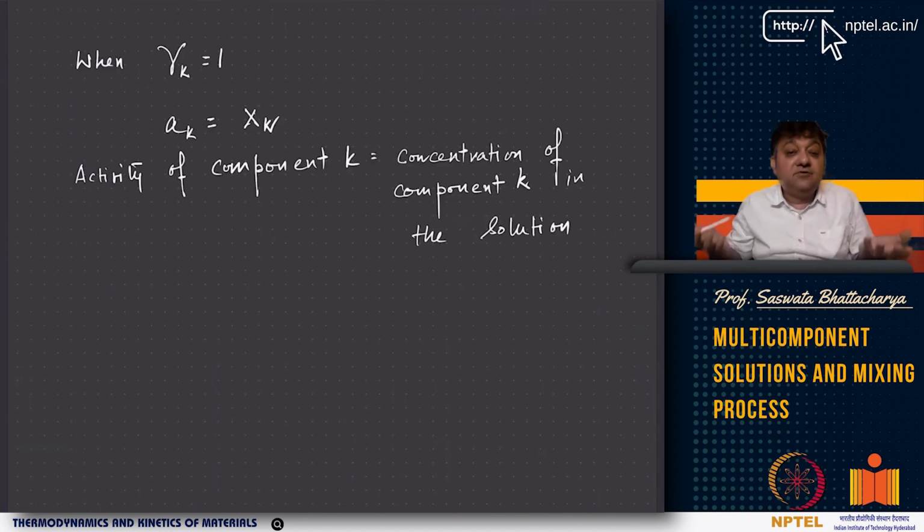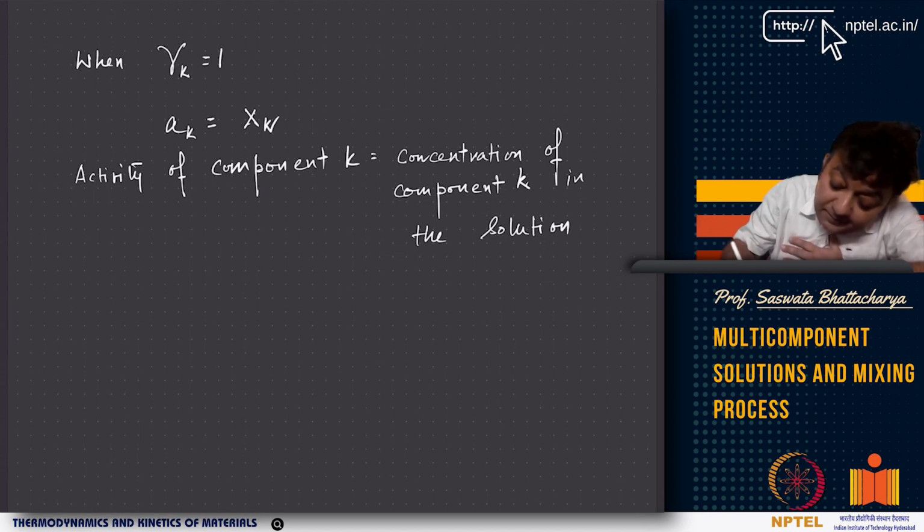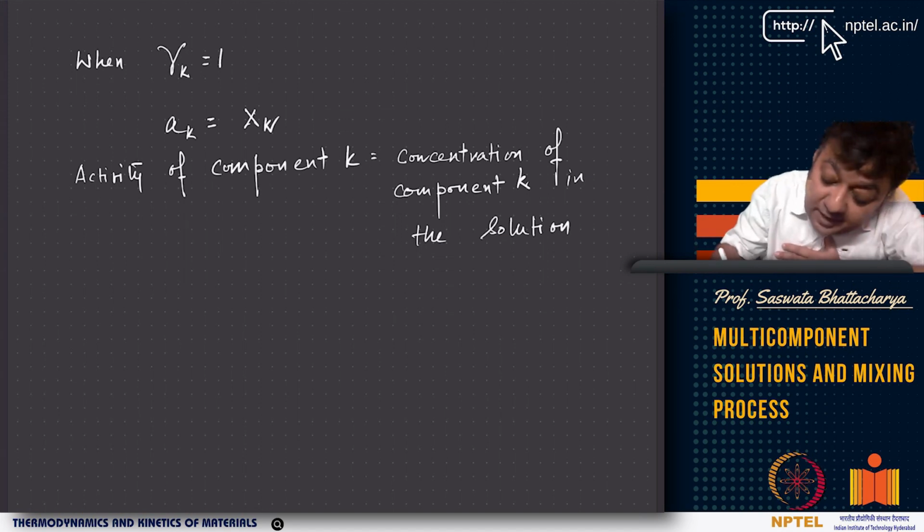When gamma K equals 1, aK and xk are the same, so the activity of component K is the apparent concentration. Remember to use the word apparent.